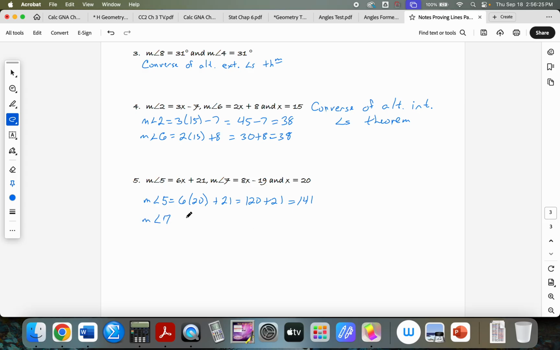The measure of angle 7 is 8 times 20 minus 19. So it's 160 minus 19. It's also 141.